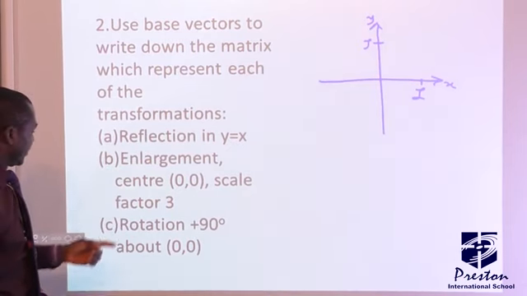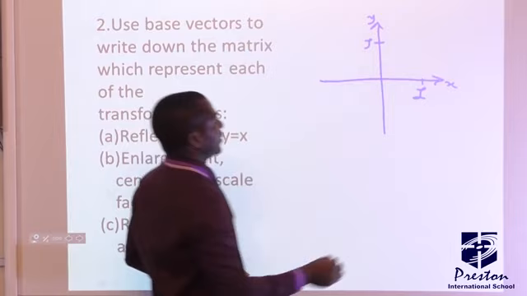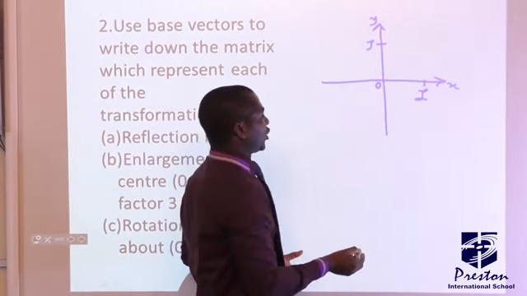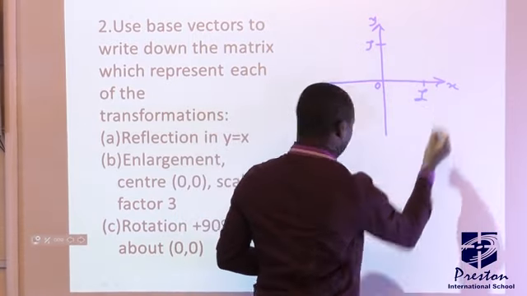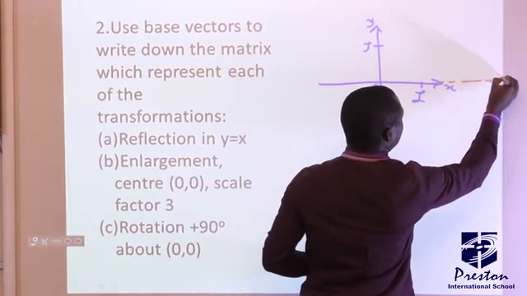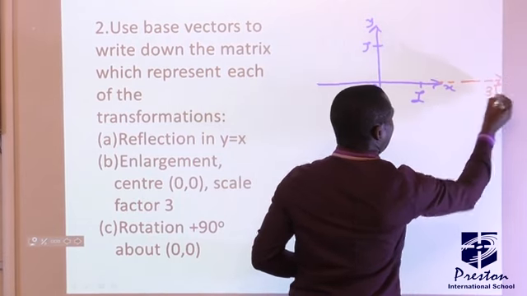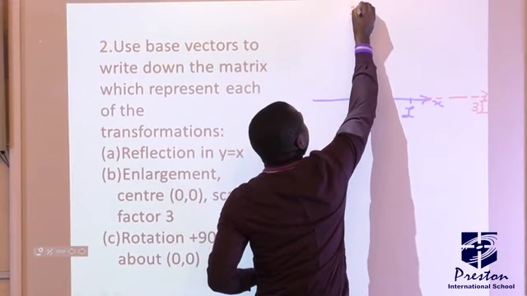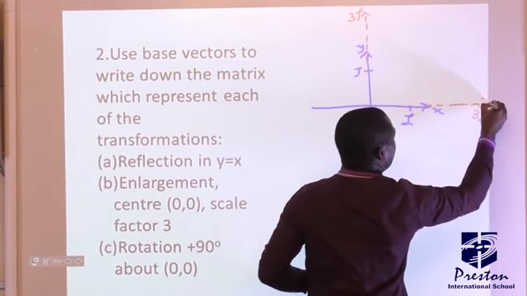Center O, scale factor 3. Scale factor 3 simply means that you multiply this by 3. That means that we're going to have an extension. Let's call this 3I prime. Here also we're going to have an extension, 3J prime.